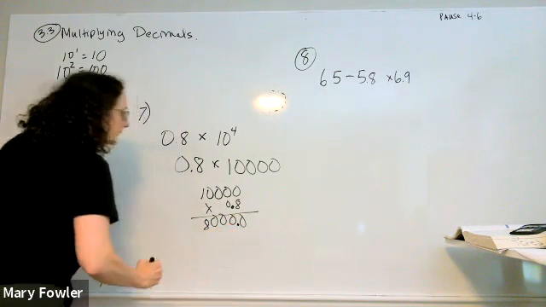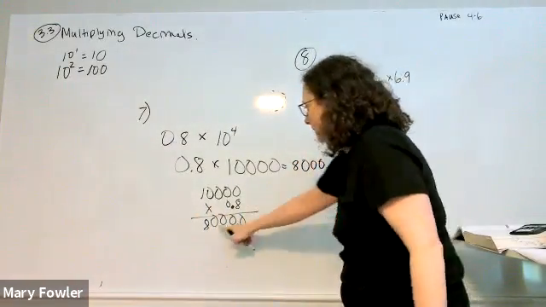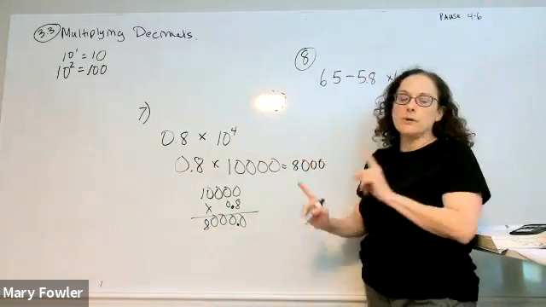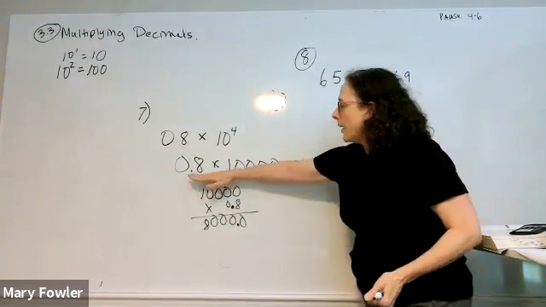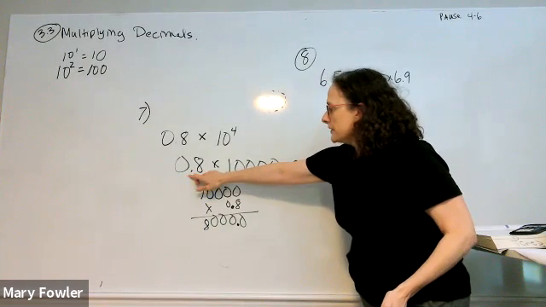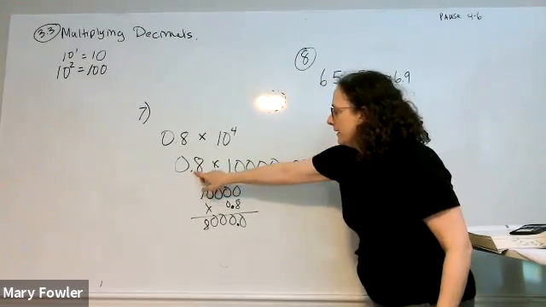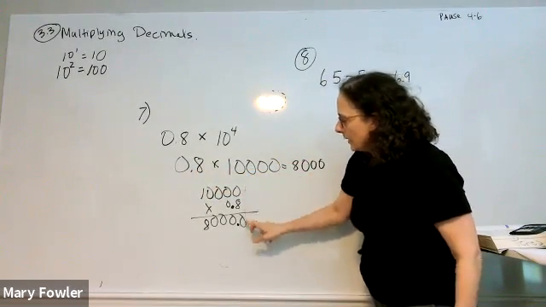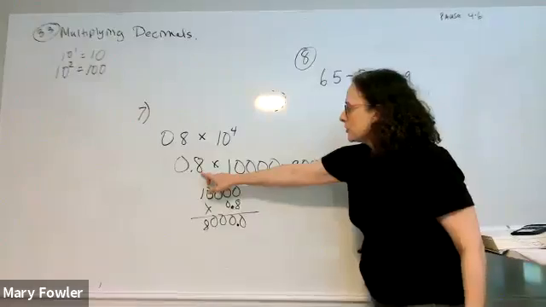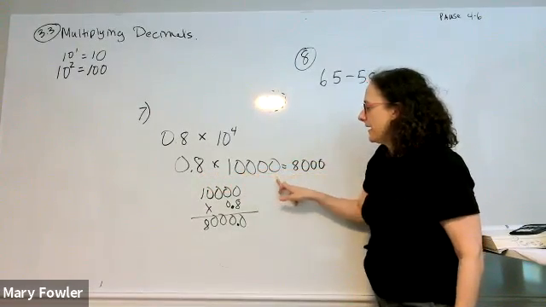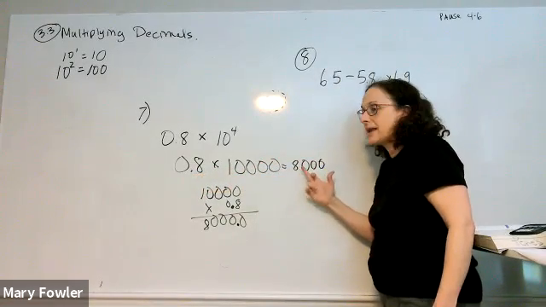And we get 8,000. We'll come back to this later on in the videos. But when we multiplied it out, there was a total of 1 decimal place, so we ended up moving that decimal point. So 0.8 times 10,000 is 8,000. 0.8 of 10,000 is 8,000.